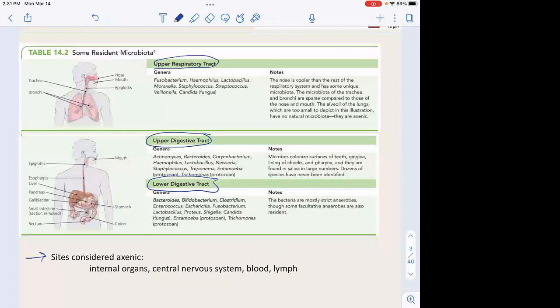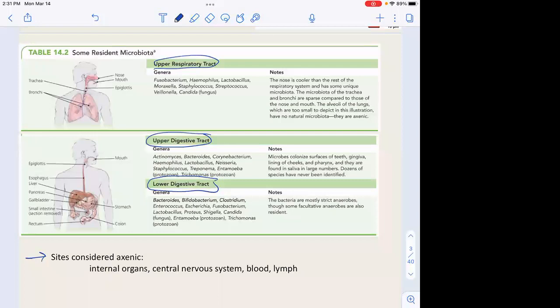There are some sites in our body that do not have normal microbiota, as far as we know, as far as we can detect right now. Things like your internal organs, like your heart, your pancreas, your liver, your central nervous system, right? Your brain, if there are bacteria there, that's always going to be bad.